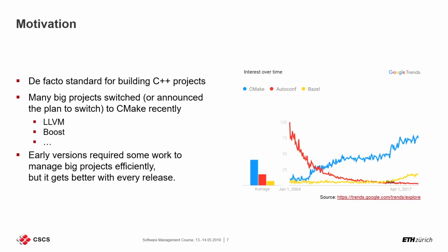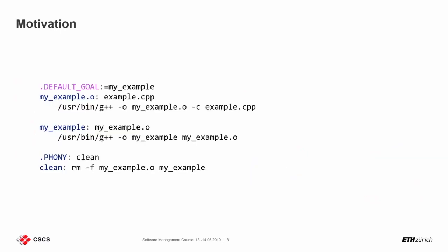It has some limitations, and there are some people who hate CMake, but everybody's using it anyway. Especially in the most recent version, it got so much better, and it's now, I think, quite nice to use.